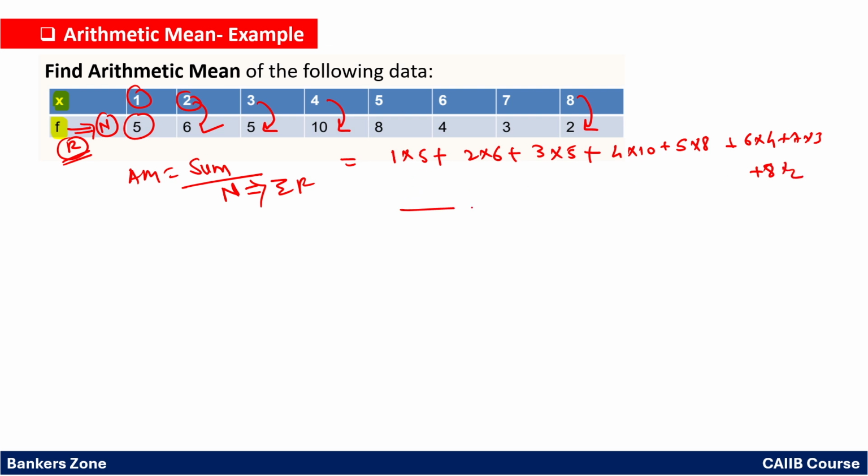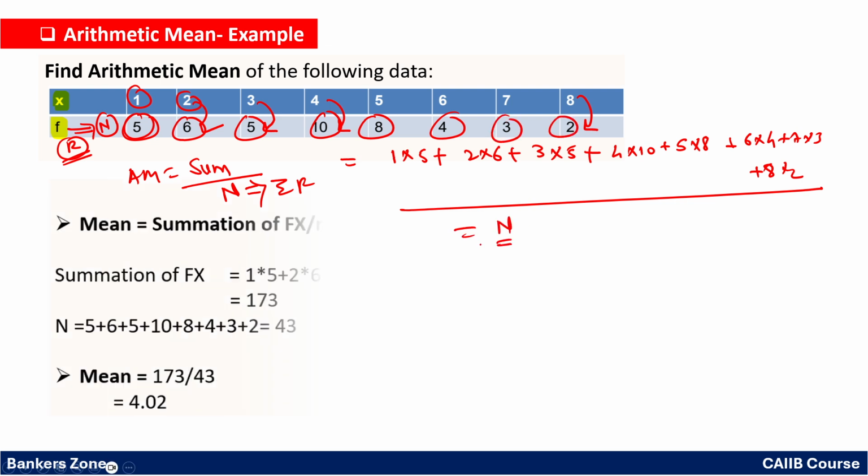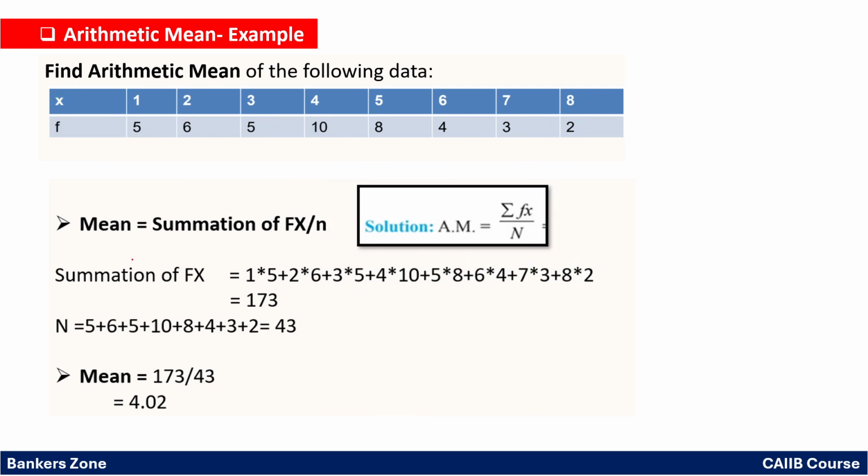All this sum is divided by the total number of items. So how many items are there? See, 5 plus 6 plus 5 plus 10 plus 8 plus 4 plus 3 plus 2, summation of all the frequencies will give you the value of n, right? So simply, mean is nothing but the summation of f into x upon n, right?